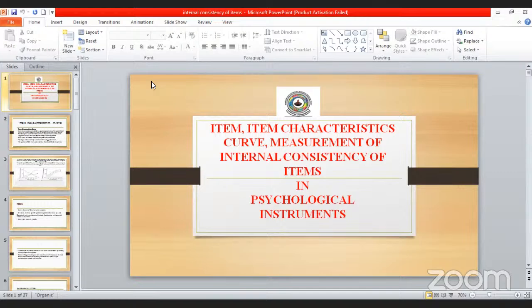Now we will learn about the item characteristics curve and the measurement of the internal consistency of items in psychological instruments.